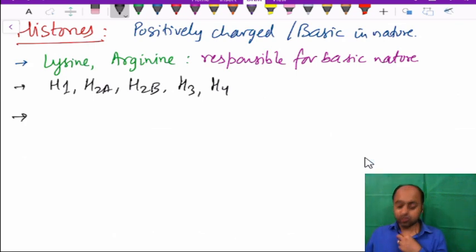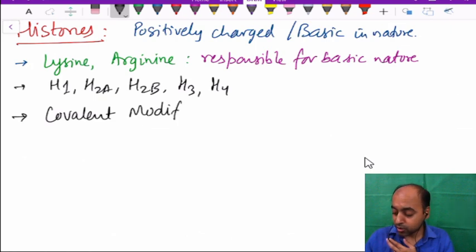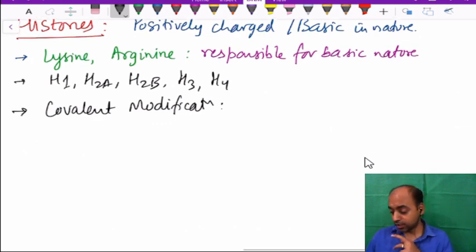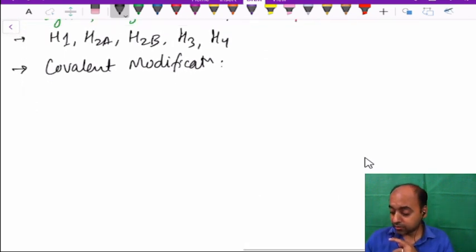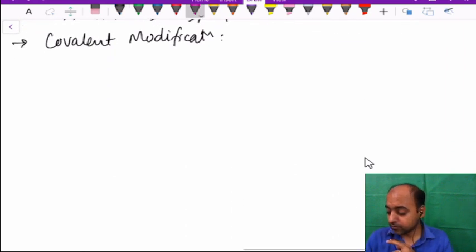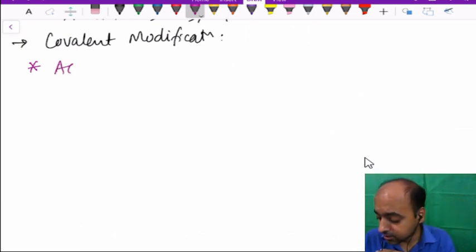These histones, even when they are attached to DNA, can undergo covalent modification. This covalent modification is important because it defines their interaction with the nucleic acid. So what are the different types of covalent modification that they can undergo? The most well studied is the acetylation.